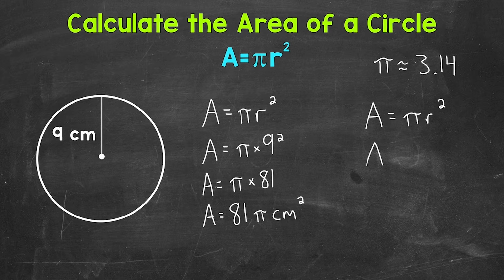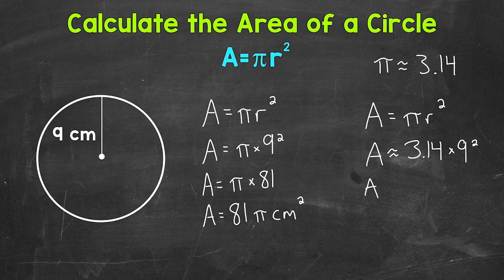Next, let's plug everything in. So we have area is approximately, and I'm using the approximately symbol since we are using an approximate version of pi. So 3.14 that we're using for pi times our radius of 9 centimeters squared.